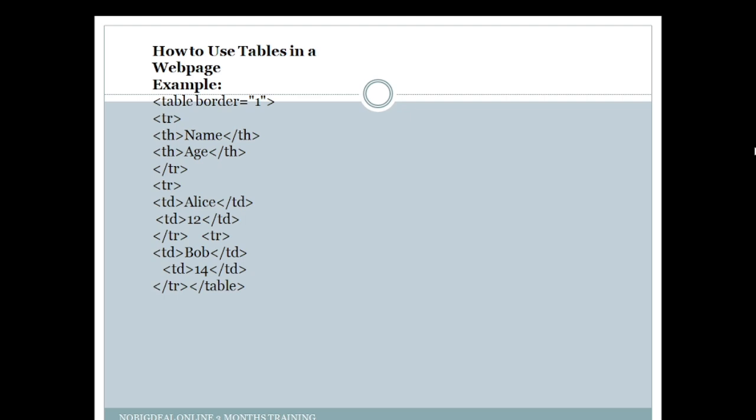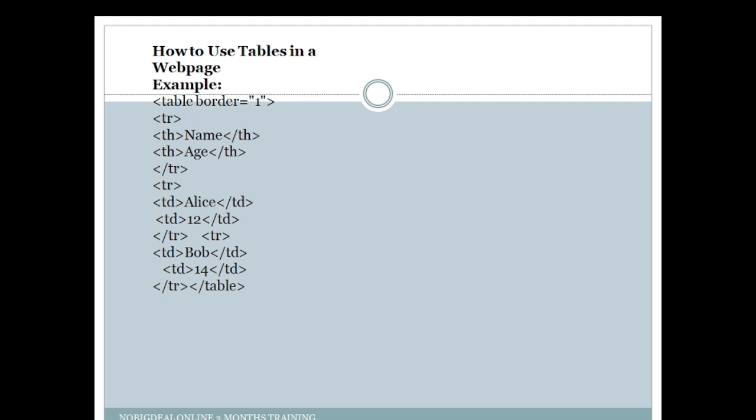We have four important tags that we use in creating a functional table, after our first HTML structure, that is the head, the HTML, the title and the body. So we have another 4 important tags to create a table. The first tag here is called the table tag.